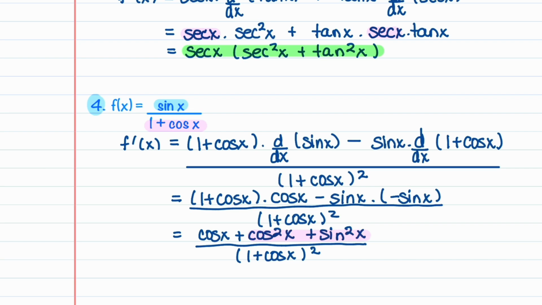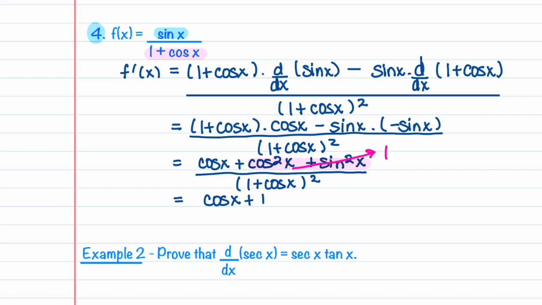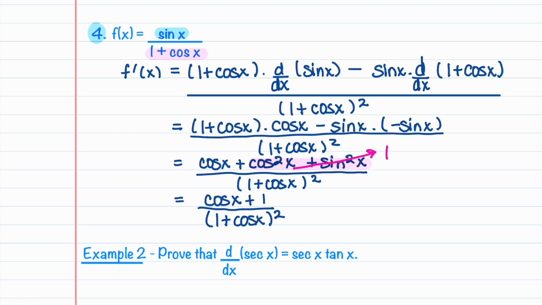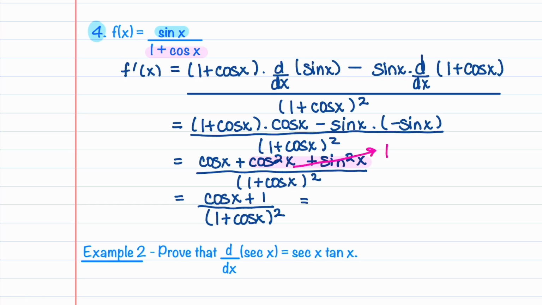That is a trigonometric identity, and that is equal to 1. So we have on top cosine x plus 1, and then we have a 1 plus cosine x quantity squared in the denominator. Those terms are the same, so one of them cancels out, and we're left with 1 all divided by 1 plus cosine x. And that's our final answer.